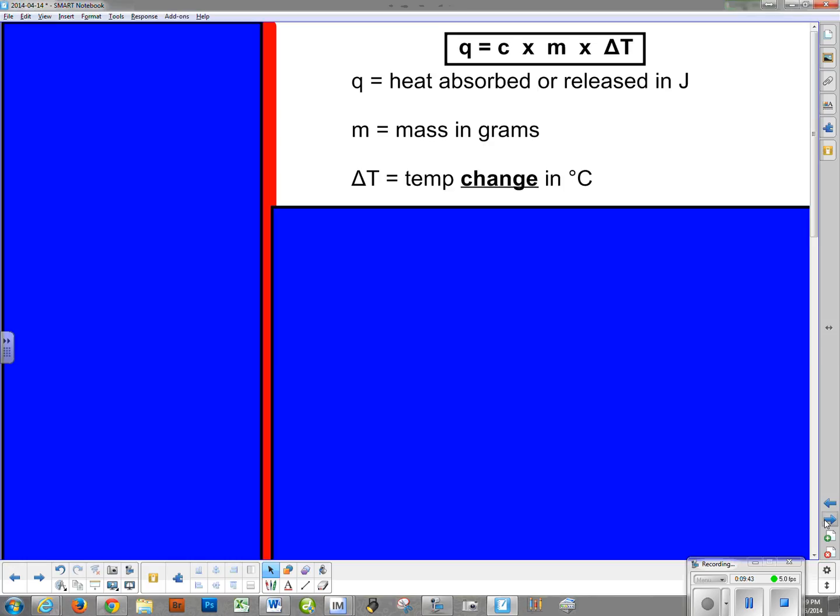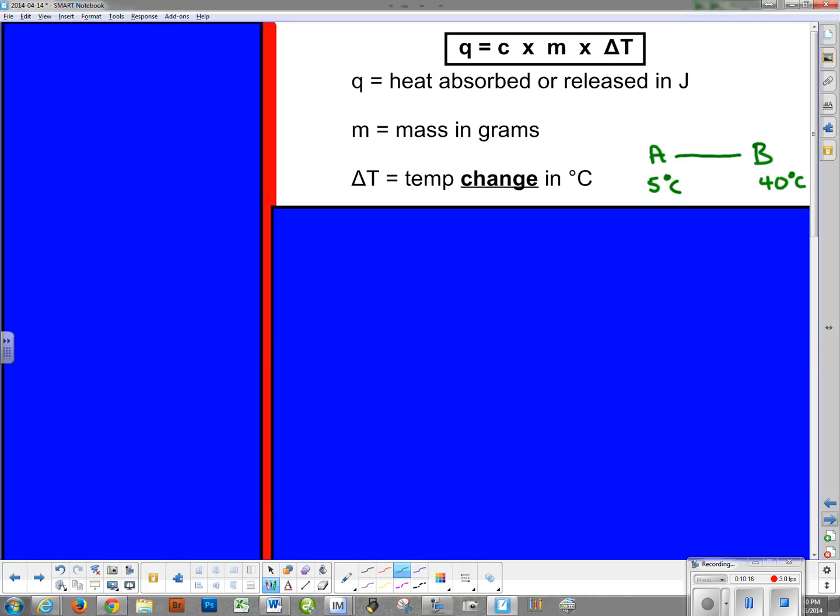If you know that the temperature change was a line this long, and that's the change, it's going from point A to point B, and A could be something like 5 degrees centigrade, and B could be, say, 40 degrees centigrade. Okay, going from point A to point B on the temperature scale. That's a change of how many degrees? 35, right.